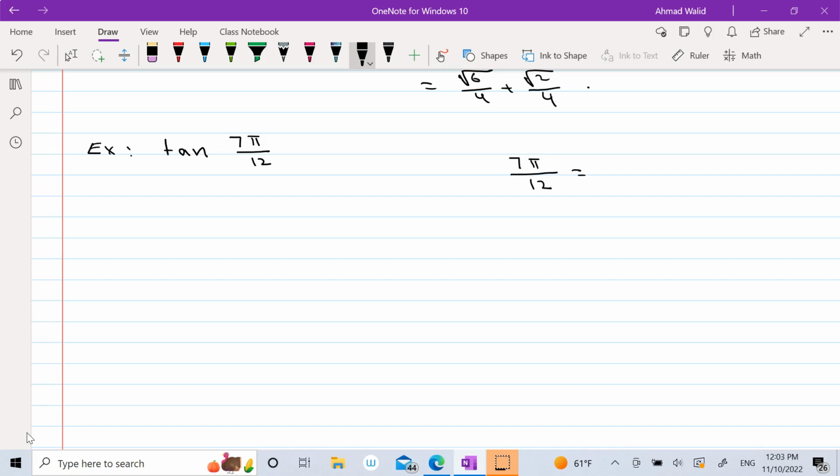Break 7 pi as 3 pi and 4 pi, right? You can break 7 pi over 12 as 4 pi over 12 plus 3 pi over 12. If you simplify, 4 pi over 12 means pi over 3, because you can simplify by 4. 3 pi over 12 means pi over 4.